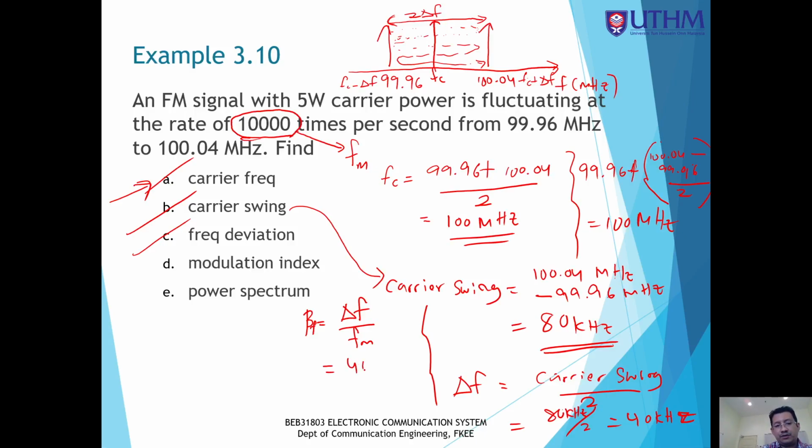Delta f is 40 kilohertz, divided by the modulating frequency, which is the number of fluctuations per second, 10,000 times per second, so the frequency is 10 kilohertz. 10 kilohertz means 10,000 fluctuations in 1 second. Therefore it is equal to 4. Beta f is equal to 4.